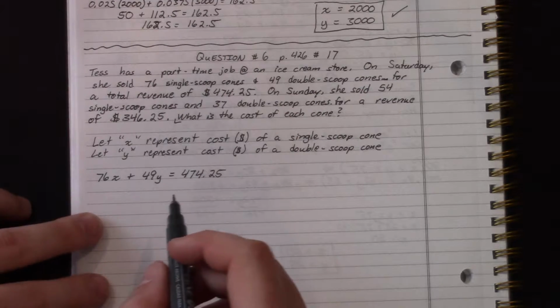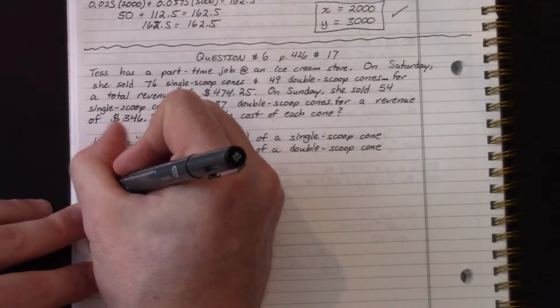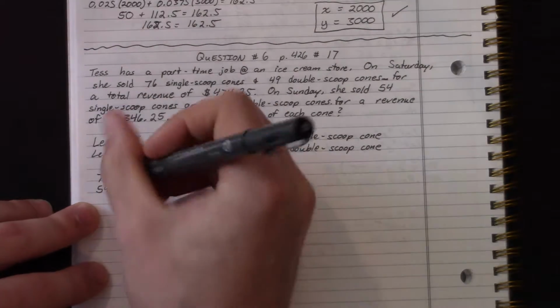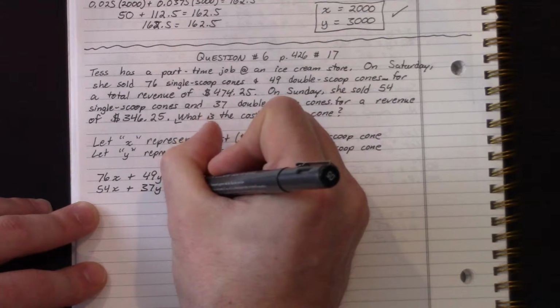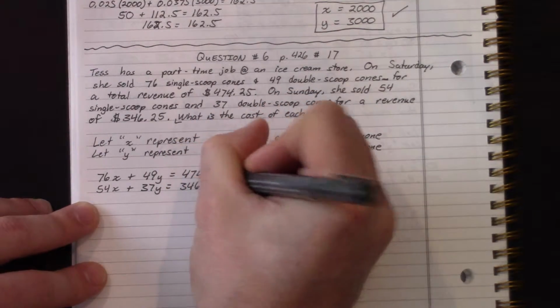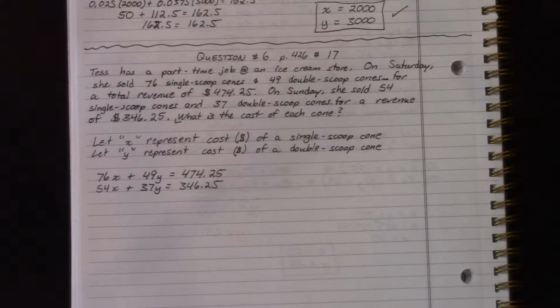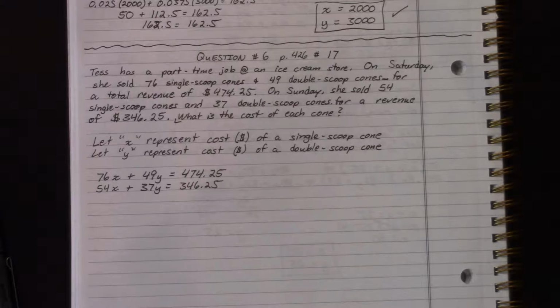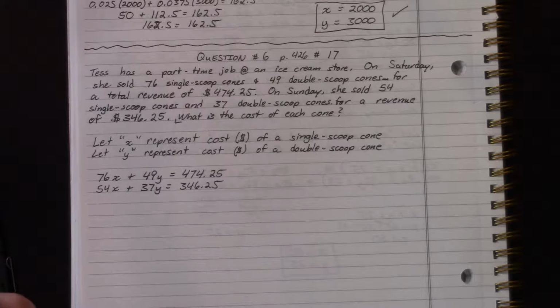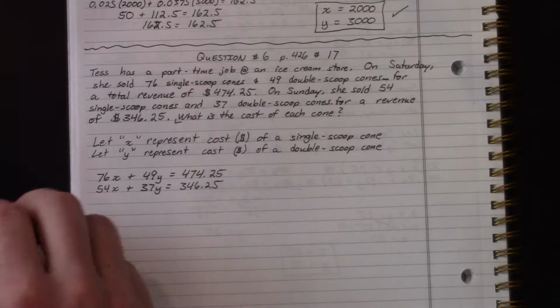Now we just have to do the same thing for Sunday. On Sunday, she sold 54 singles, plus 37 doubles, and it gave her a total revenue of $346.25. So we notice that this isn't one of those ones where it's an X plus Y. We've got two of these types. Not hard to come to though. So now what we want to do is get these into a format that we can use elimination.